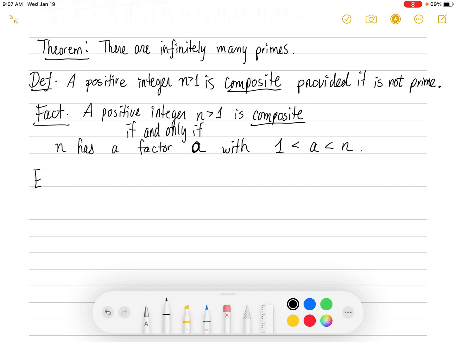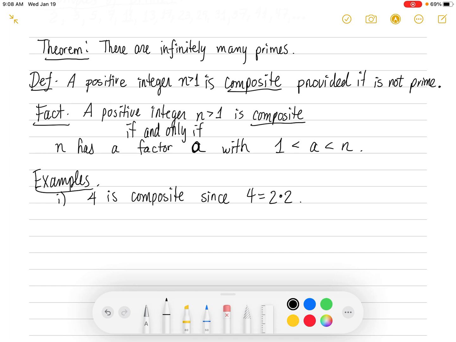Okay, so now let's just say examples, I guess. One, 4 is composite since it breaks up into factors 2 times 2.